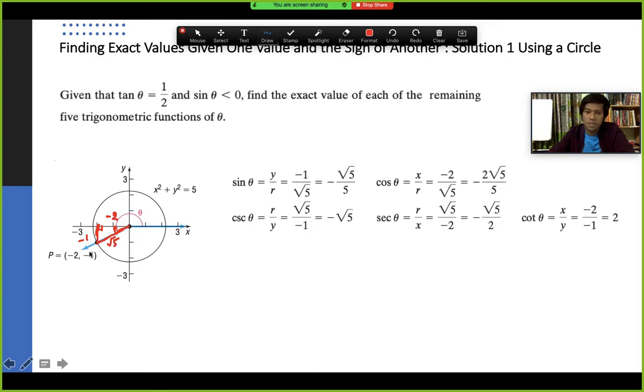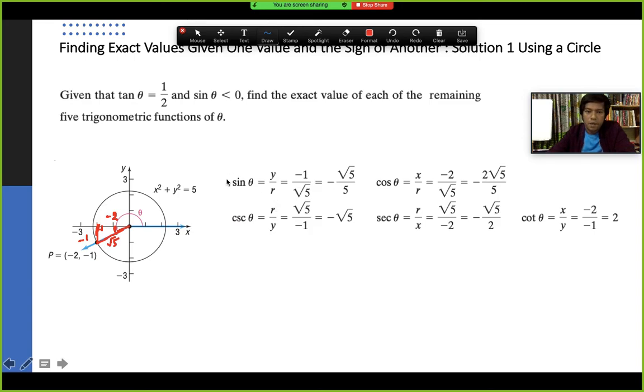If both are minus, then this will be positive. And if one of them is negative, then this can come out negative. The other way is the idea of slope, rise over run. That also helps us understand the concept.